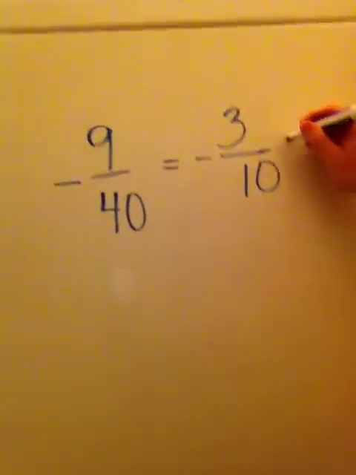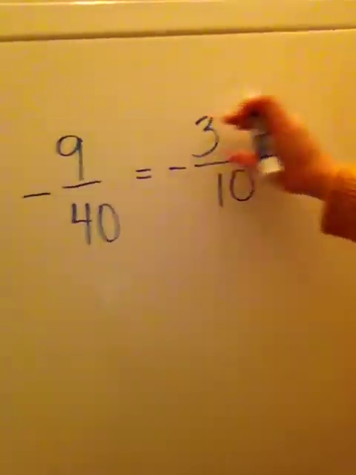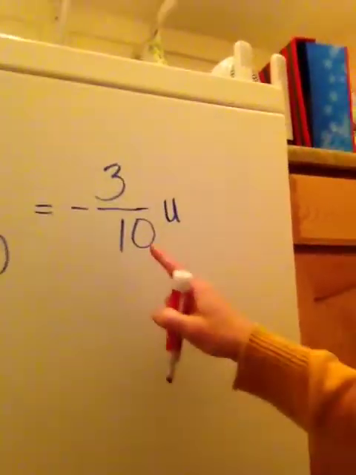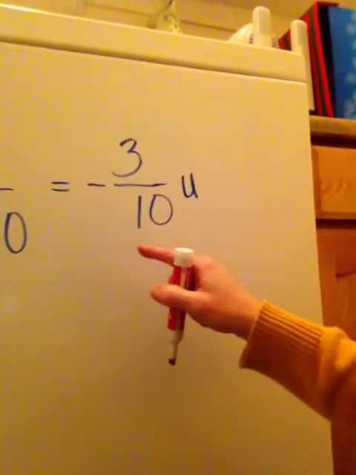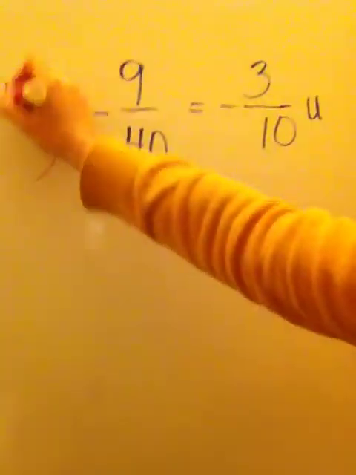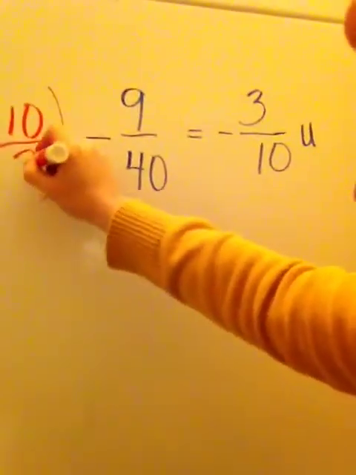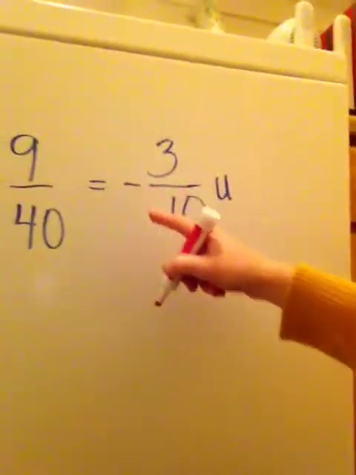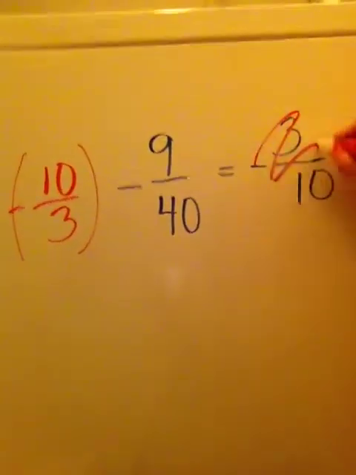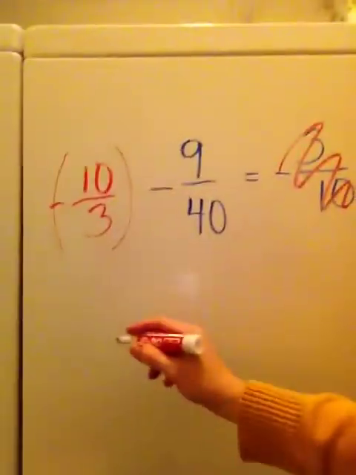Okay, so here is where we're at. I've just pulled that out to the side. And now I go, oh, I've got a coefficient that's a fraction. I'm going to times this side by the reciprocal, 10 over 3, and it was a negative 10 over 3. And so now this is gone. So I do the multiplication here.